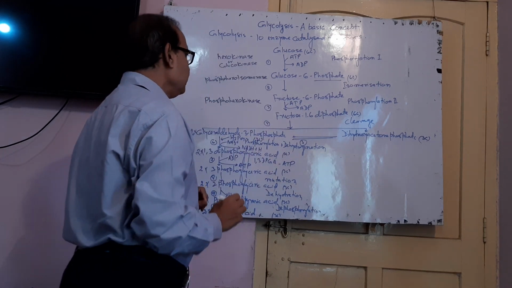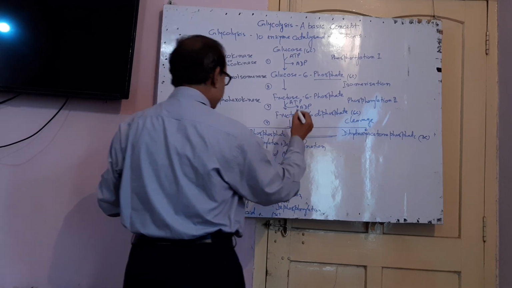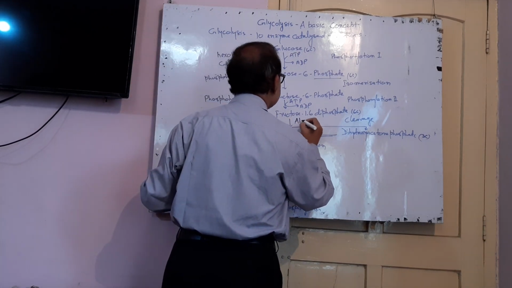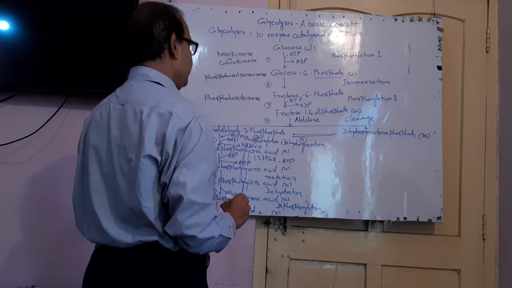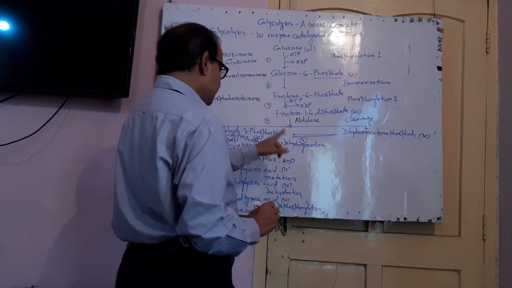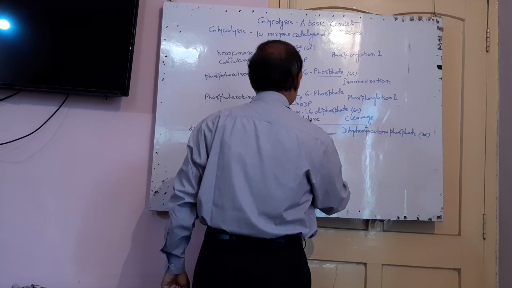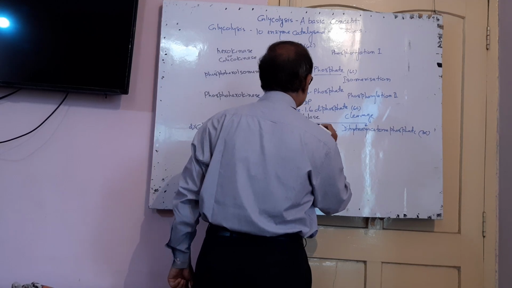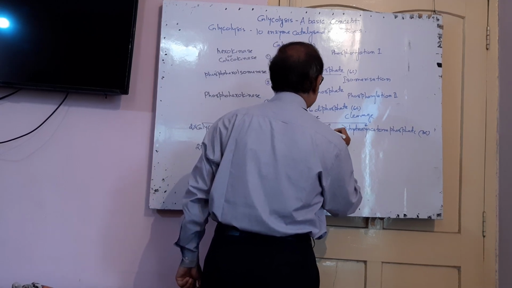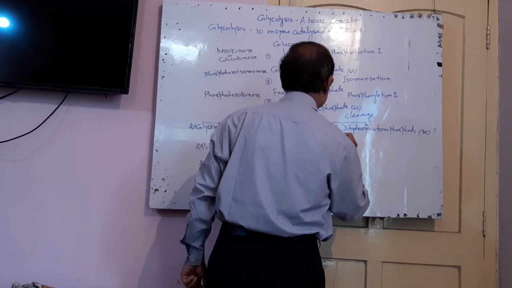And the fourth one is the cleavage process, and the enzyme is called aldolase. And the fifth one is also isomerization, that's why it is called triose phosphoisomerase.